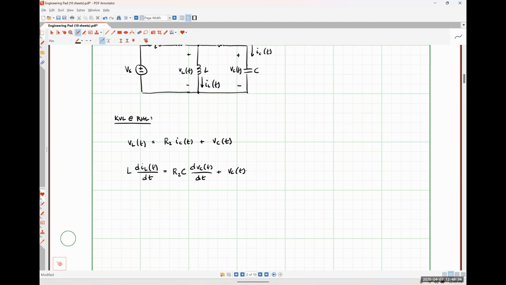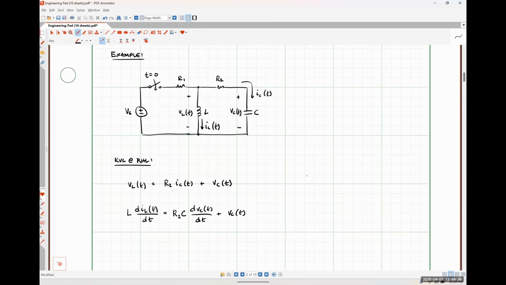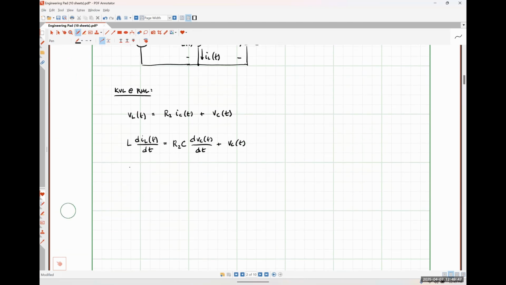So what I might do now is write a KCL equation, okay? So I'm going to write a KCL equation at this node right here, the top middle node.